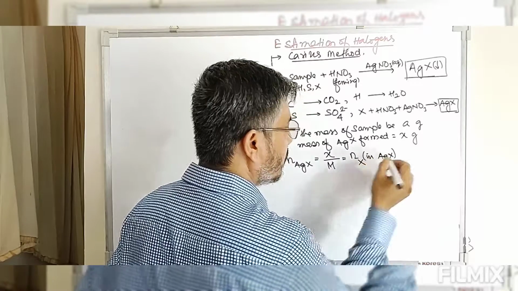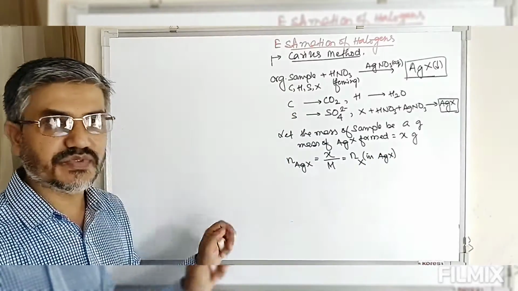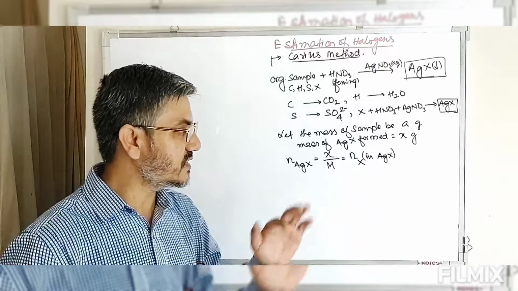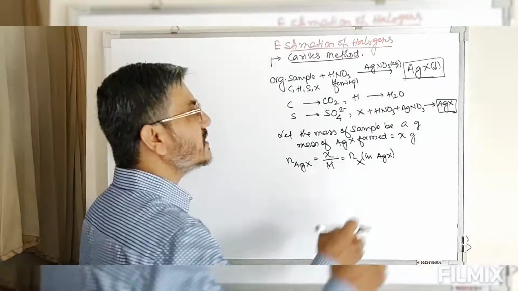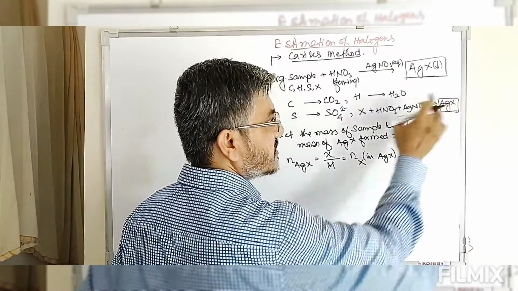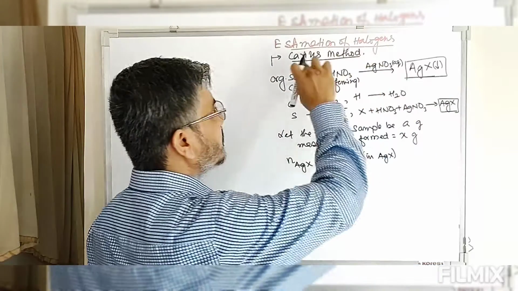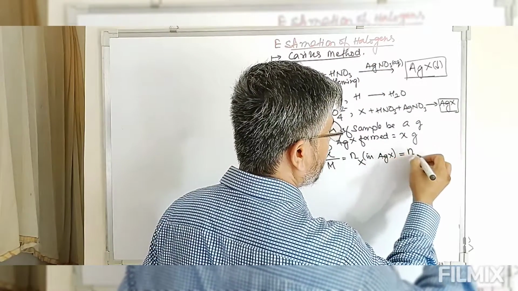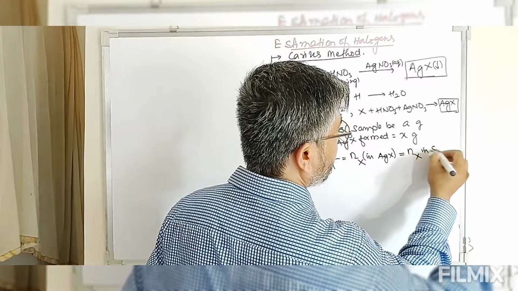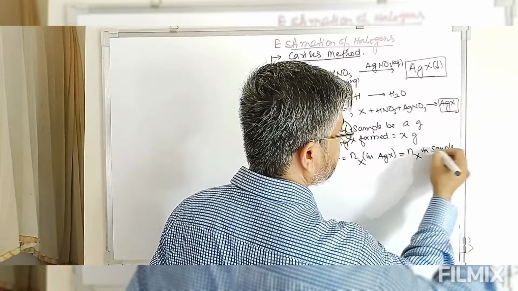So the total number of moles of halogen present in silver halide formed is equal to the number of moles of silver halide formed. And all this halide which is present in silver halide is exclusively coming from the organic sample. So therefore this must be equal to the number of moles of halogen in the given organic sample.